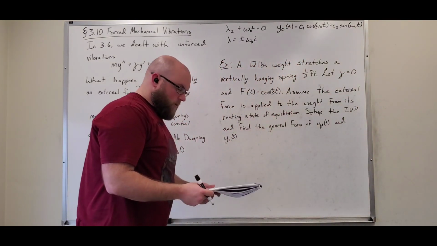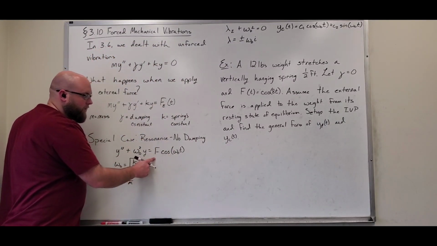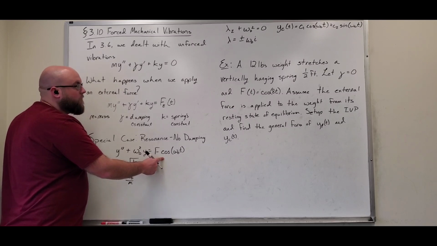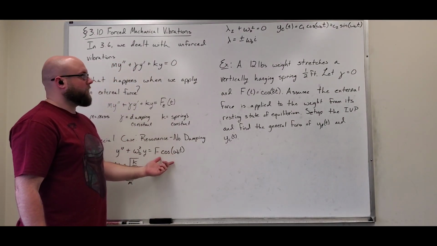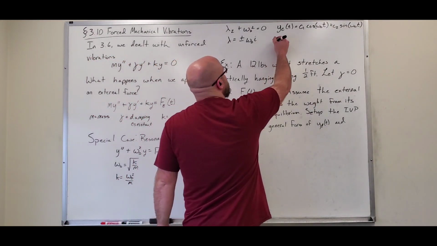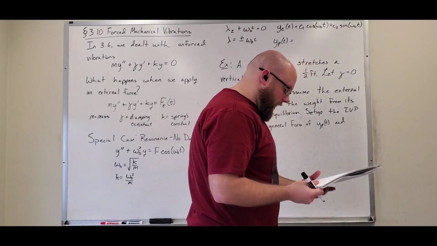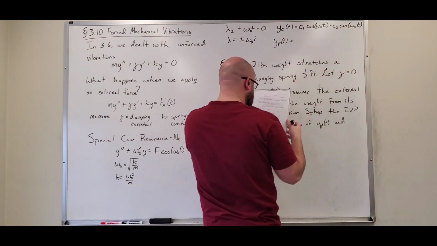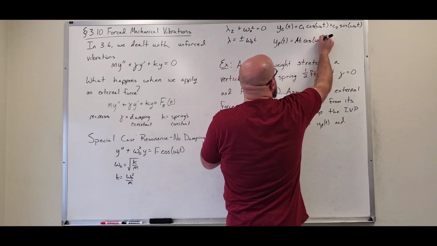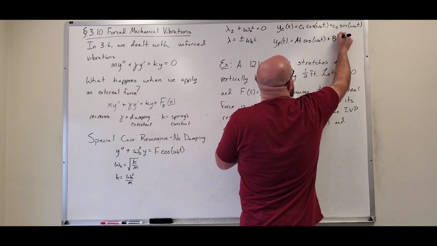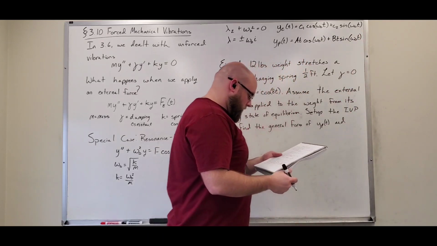Okay? Notice that our g of t, our function here, has a part in our solution. So we're going to have to say that our particular solution is going to be of the form t times our value. So we're going to get A t cosine of omega t plus B t sine of omega t.